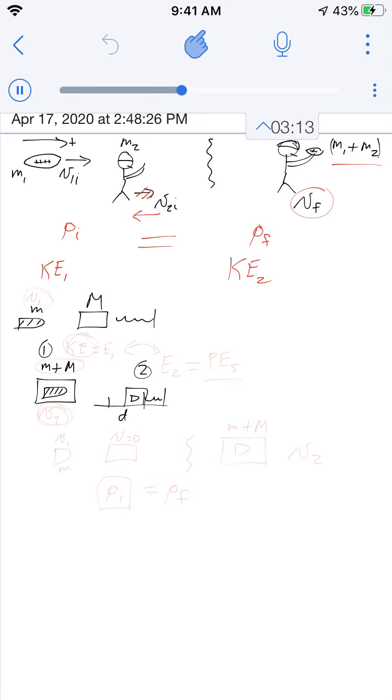Now, problem 4, where we have a bullet that's fired into a block, and the block and bullet together are embedded, and they compress a spring a certain distance. What we want to know is the initial velocity of the bullet. This is very similar to the ballistic pendulum problem.